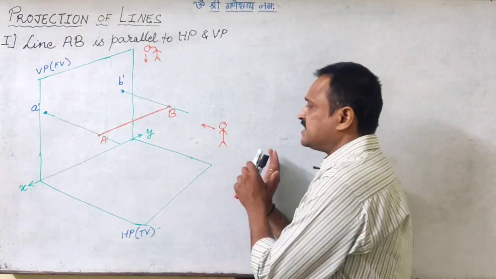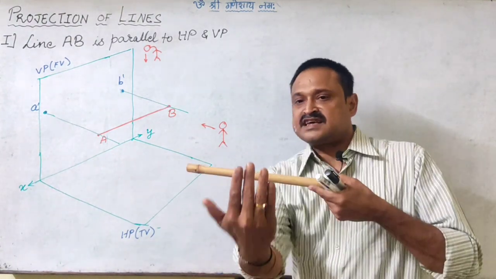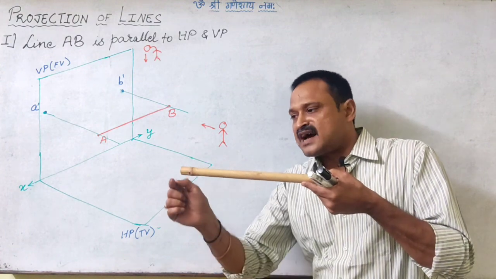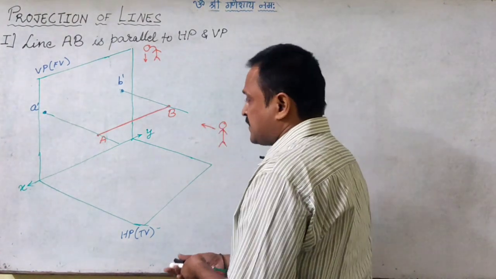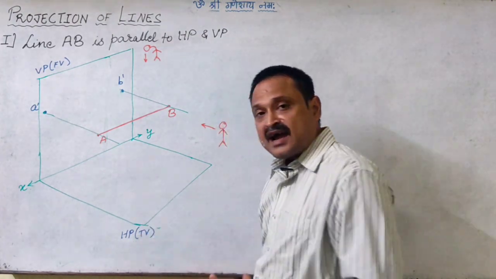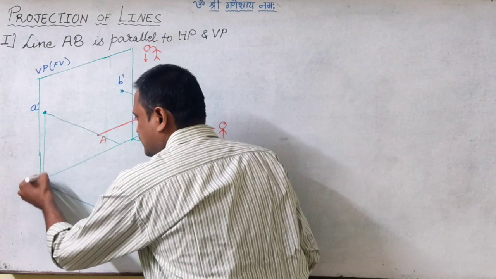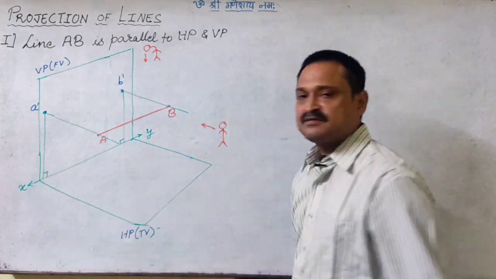Now when we are standing in front and looking at the ends, we will be able to see the heights of A and B, right? That height will be represented as the shortest distance from the reference line XY, which will be the perpendicular distance. Fine.